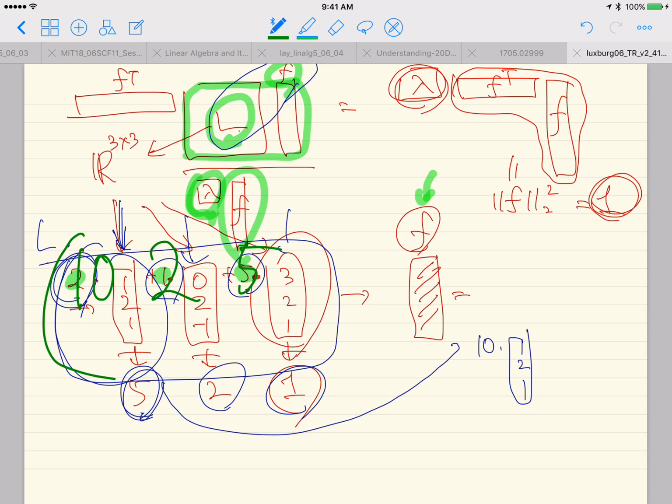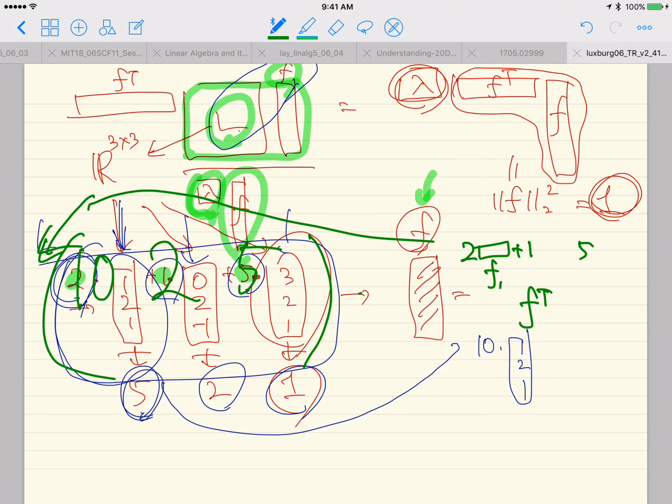And then we are multiplying this on the left by 2, 1, and 5 with the same vectors, so basically we are multiplying f transpose, which will be 2 times the transpose of vector f1 plus 1 times the transpose of this one plus 5 times this, right?